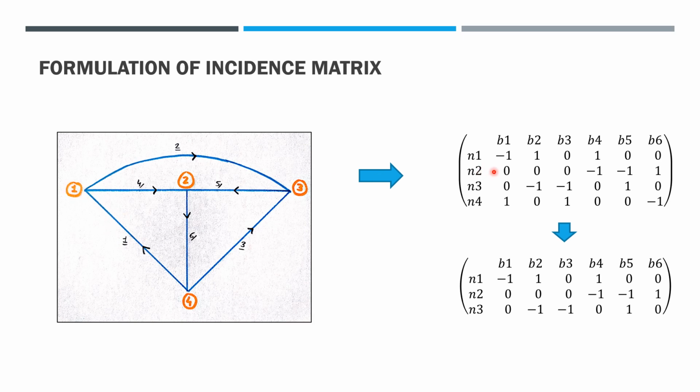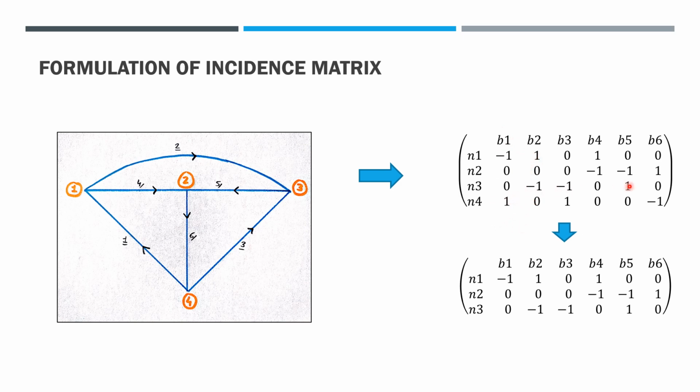So for a column, if there is a minus 1, then obviously there is a 1, because for one node a branch is starting and for another node a branch is ending. Or we can say that it is coming towards the node or it is going away from the node. So we can observe that the summation of elements from every column is 0.